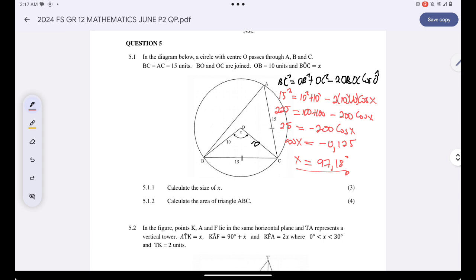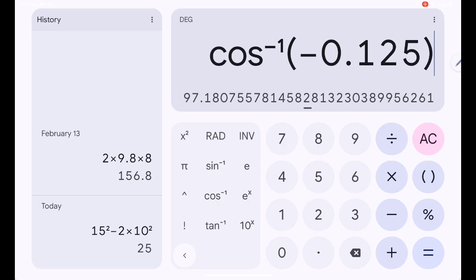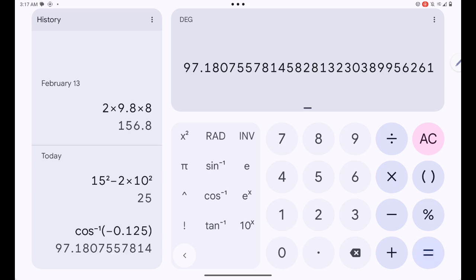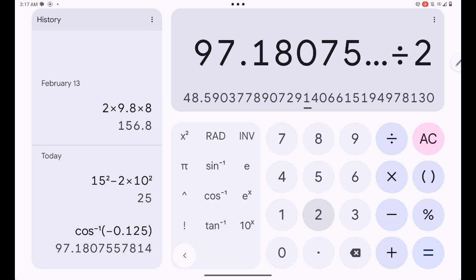Okay. Now they want me to find the area of triangle ABC. Let me divide this by 2, equals to 48.59.